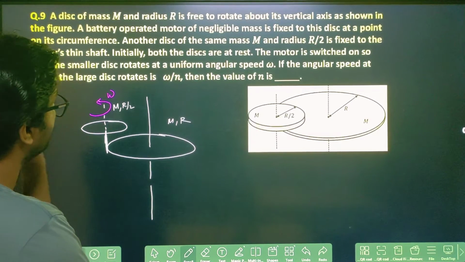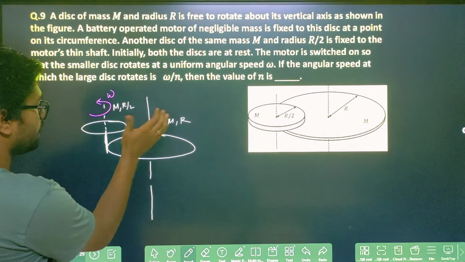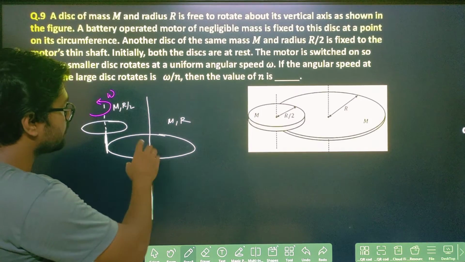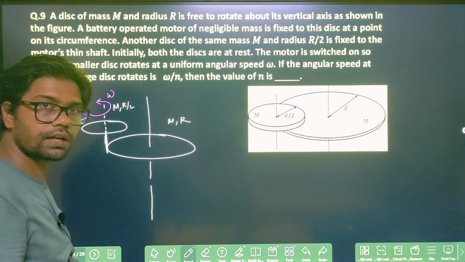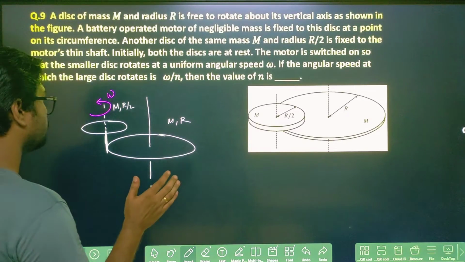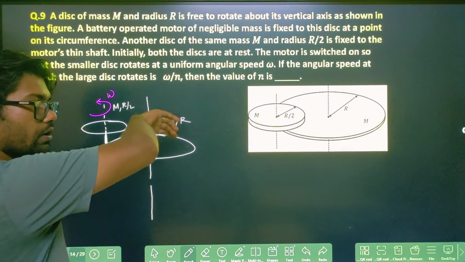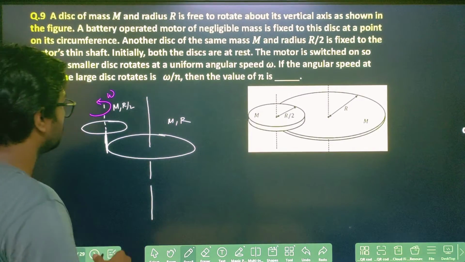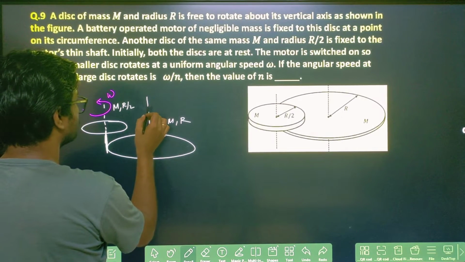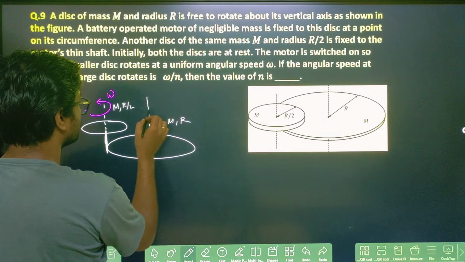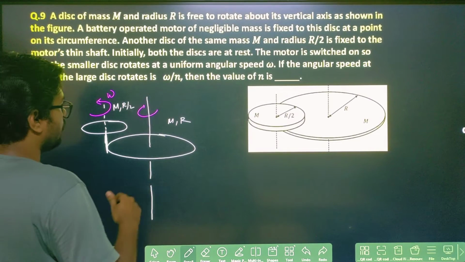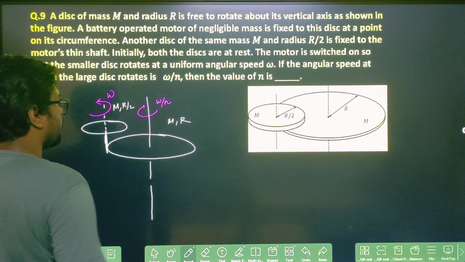If this one rotates along this direction, to conserve the angular momentum, obviously the large disc will be rotating in the opposite direction, right? If it is rotating anti-clockwise, this should rotate clockwise, right? So it should be rotating like this, and it is rotating omega by n. Clear?